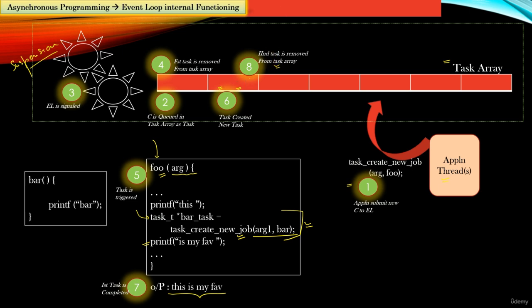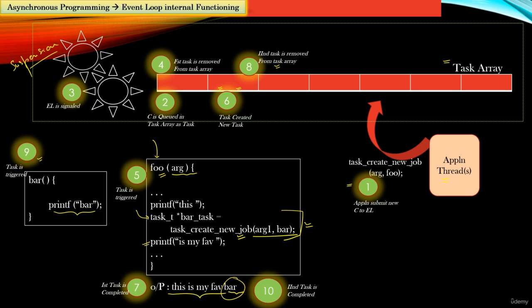And as a result, this computation is triggered in step number 9. And therefore, in step number 10, the new computation bar generates its own output called bar. So the overall output now is "This is my favorite bar".